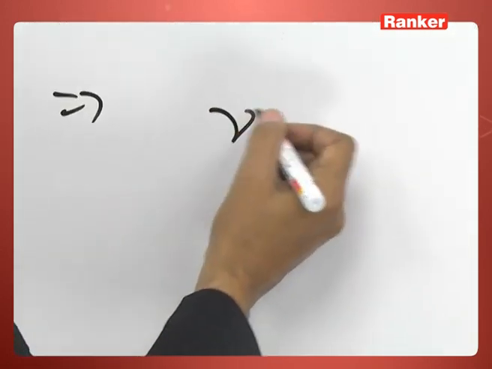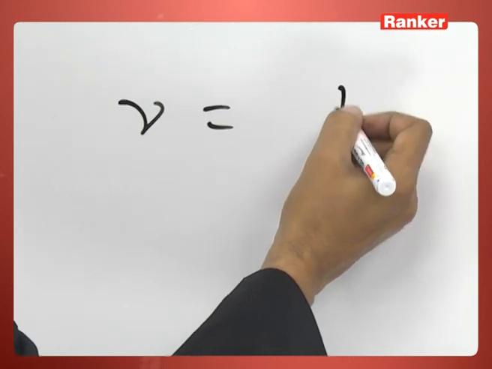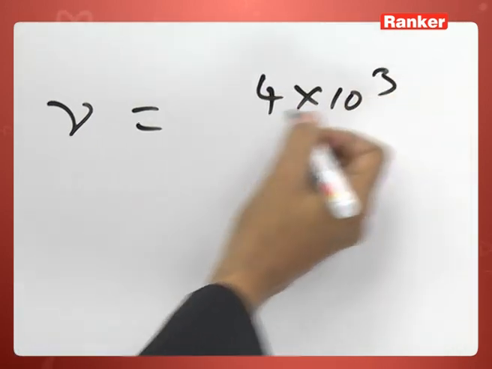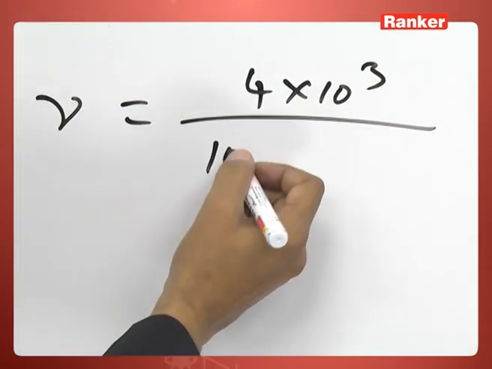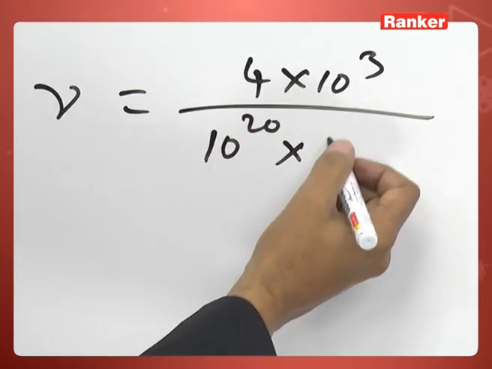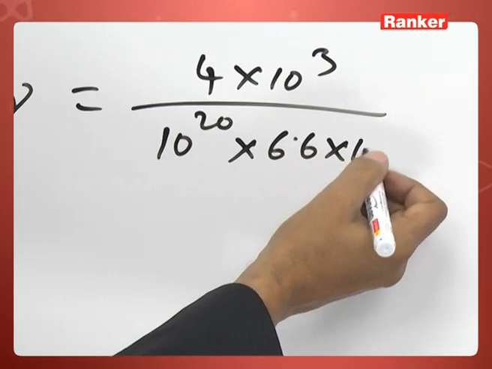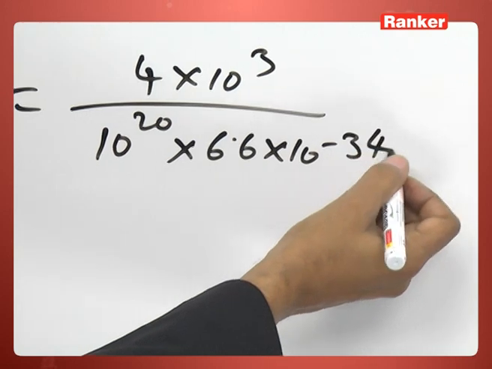So nu is equal to 4 into 10 to the power 3 divided by 10 to the power 20 into h, 6.6 into 10 to the power minus 34.